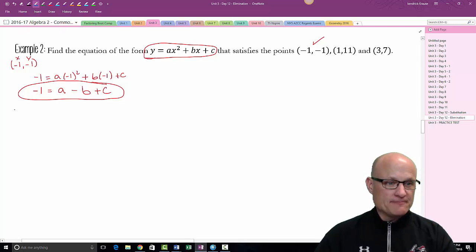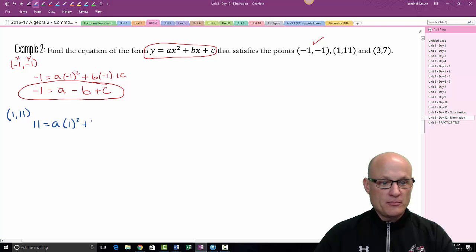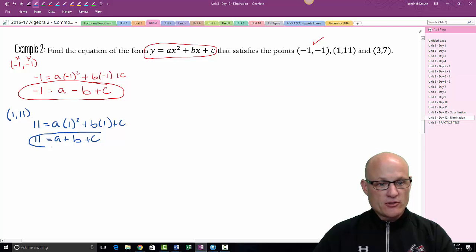Now I'm going to work with 1, 11. Well, that makes things easier too. 11 is equal to a times 1 squared plus b times 1 plus c. Or in other words, 11 is equal to a plus b plus c. There's equation 2.